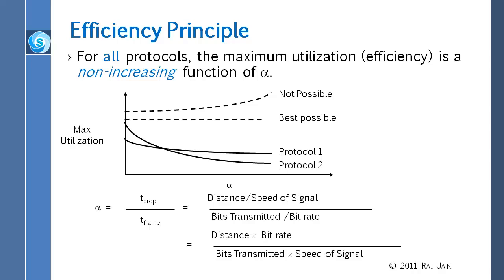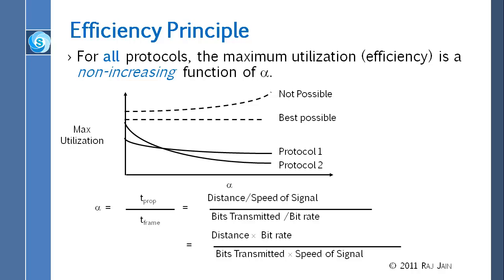So this is the principle which I have already told you, but this is a general principle, and it's not in the book, but it is very powerful, and I want to make sure everybody just memorizes this. For all protocols, and there are no exceptions, the maximum utilization efficiency is a non-increasing function of alpha.